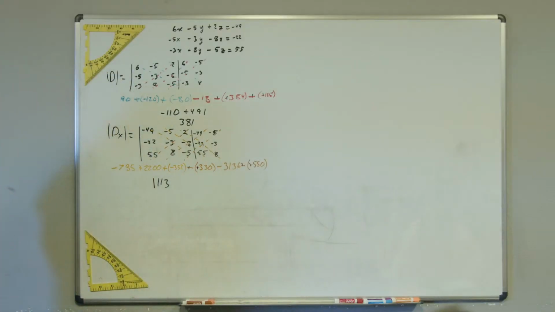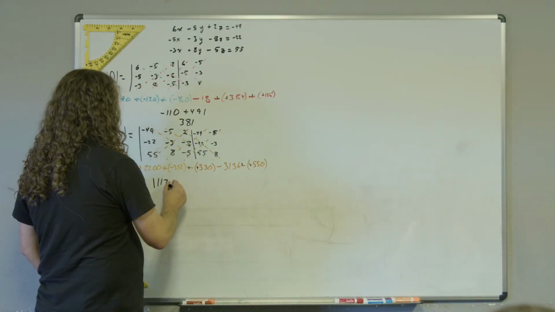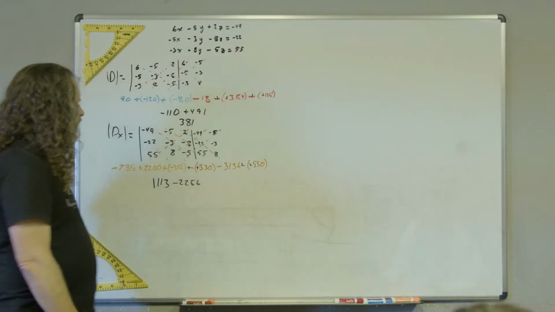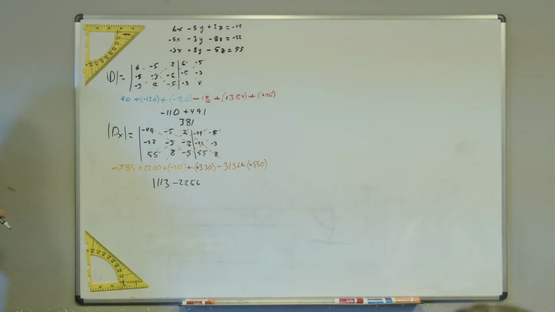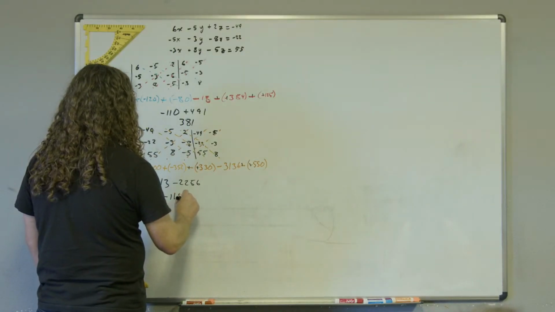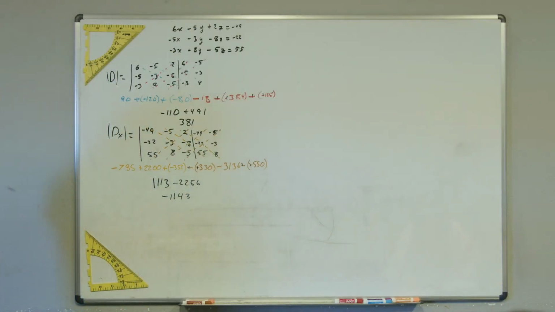So 330 plus negative 3,136 plus 550. It's not negative? No, it is negative 2,236. And then finally 1,113 minus 2,256. Negative 1,140. That we could probably do in our head, but that's fine. Now what?